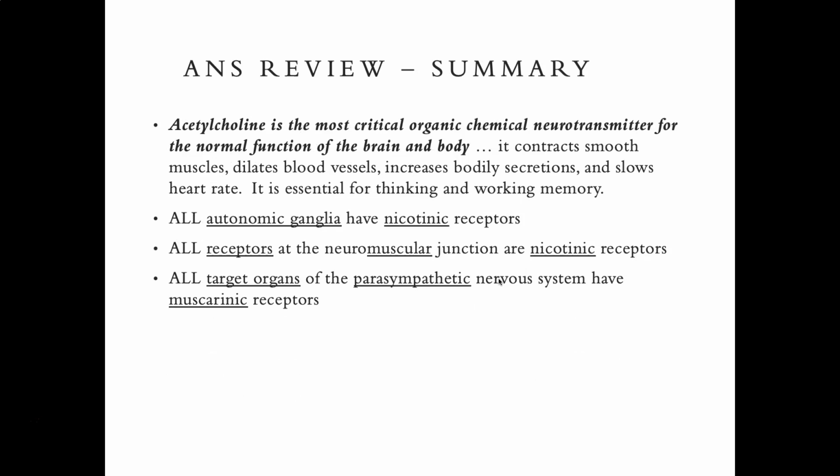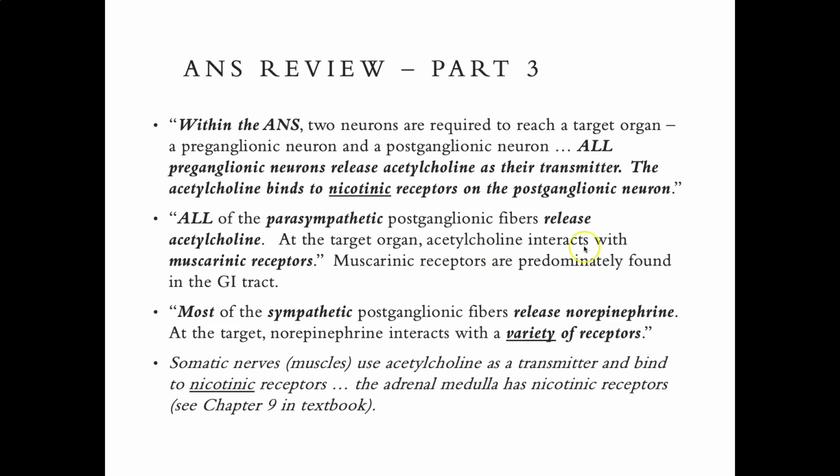Acetylcholine is the most critical organic chemical transmitter for the normal function of the brain and the body. Because you think back, it is being used as a transmitter on all preganglionic neurons to postganglionic neurons, regardless of what they are, and then it's being used on all the parasympathetic postganglionic fibers to interact with muscarinic receptors.